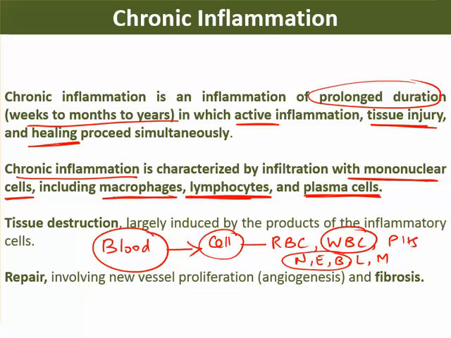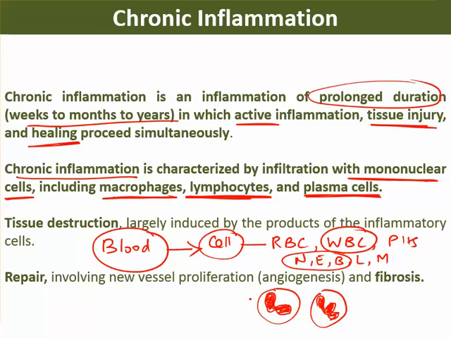Neutrophil, eosinophil and basophil look like they have a lobed nucleus. Some may have two lobes, some may have three lobes, so they look like a polynucleus, right? Polymorphonuclear leukocytes. Leuko means white, cytes means cell, so leukocytes means WBC.